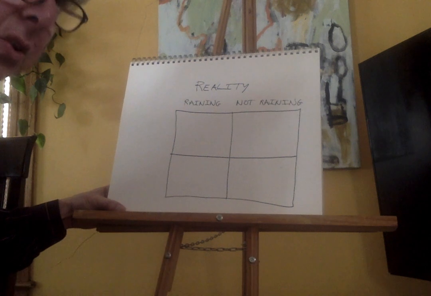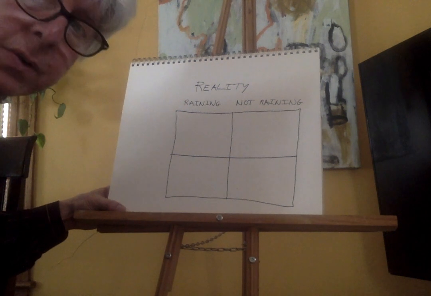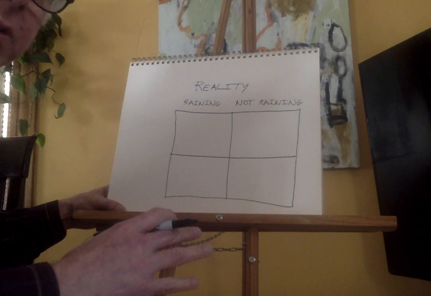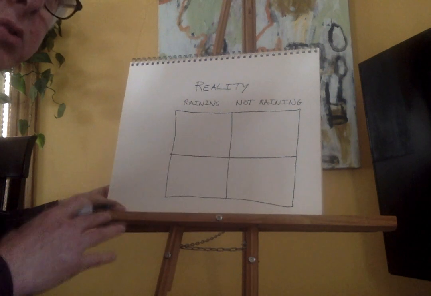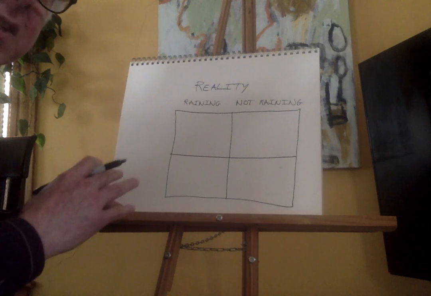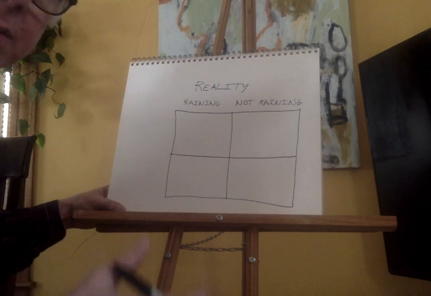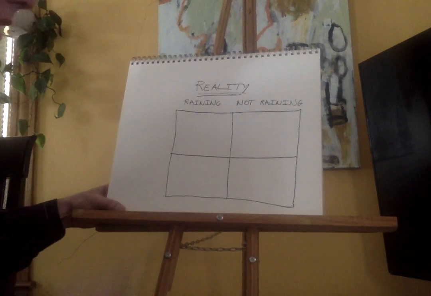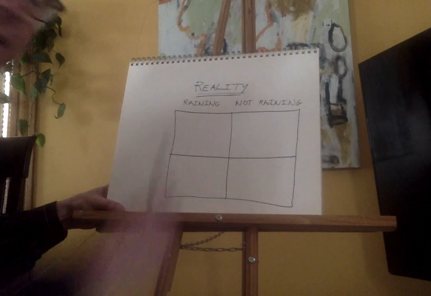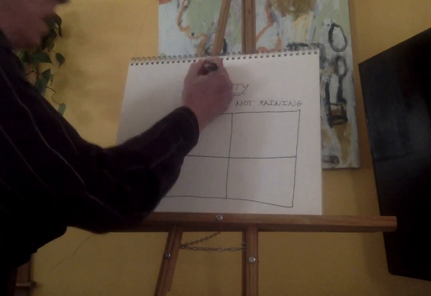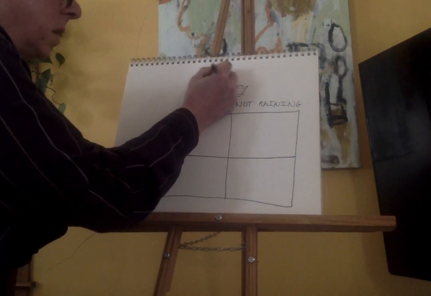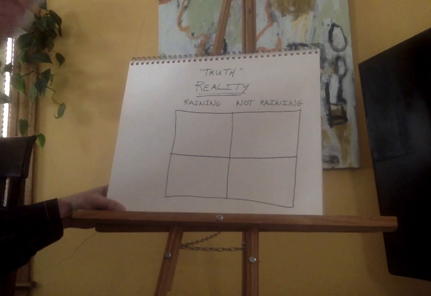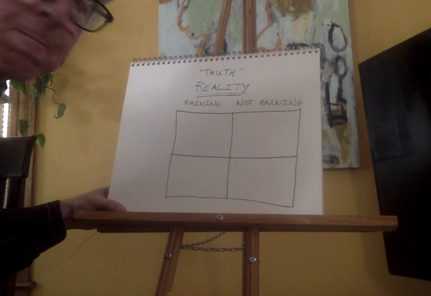When you do a Punnett square in biology for genetics, we do this 2x2 to sort of cross two different states of the world, I suppose, okay? In this case, I'm talking about reality. It is either raining or it's not raining. Those are the two possibilities. We could also talk about this, perhaps as the truth, okay? What is really happening, okay?